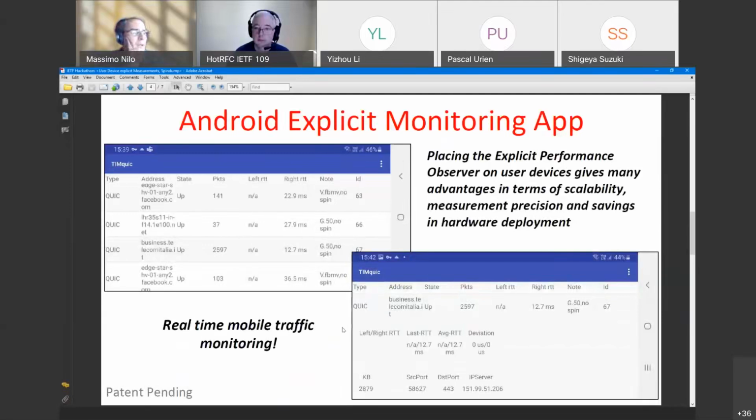A good idea was to have real-time mobile traffic monitoring. In this example, you can see the list of connections and the details of the measurements.